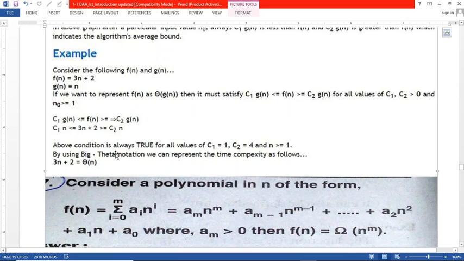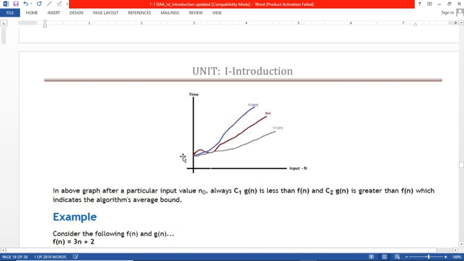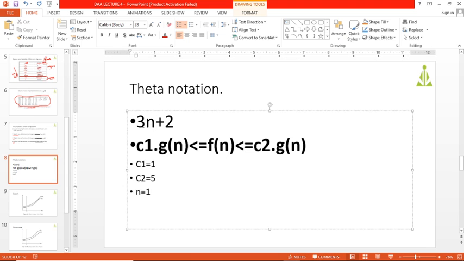Next, we will see the example of the Big-Theta. Here we have an equation, this is f of n, and we need to solve this problem. So what is my c1? c1 is 1, which means 1 times g of n. What is g of n? g of n is n.